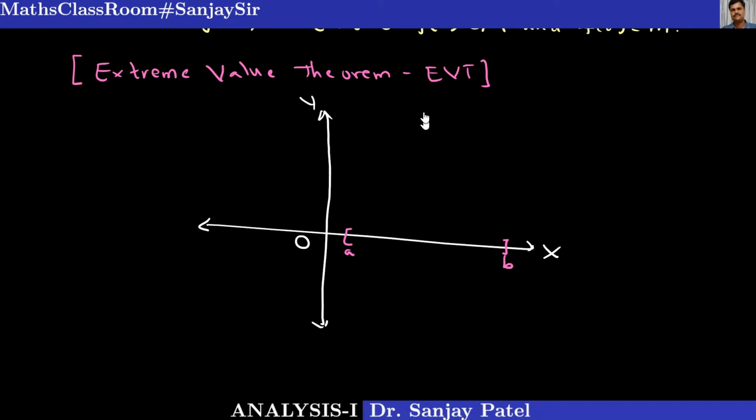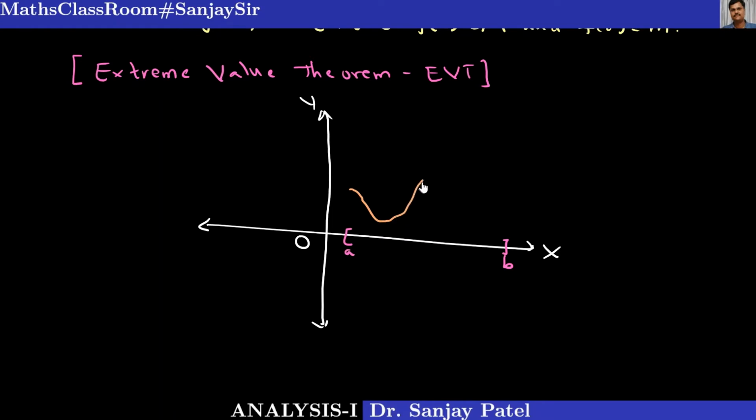And let me draw now some continuous curve between a and b. Something like this. I can draw a continuous function in this region between a and b, closed interval [a, b].